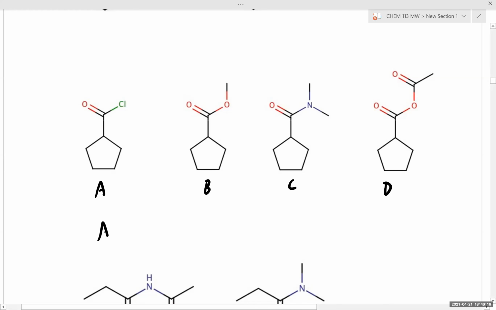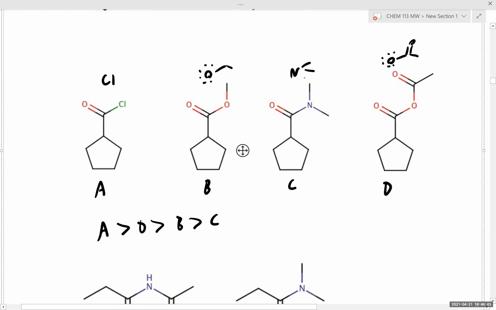So we have a proposed ranking of A, D, B, and C. So we have chloride, an alkoxide group, an amide, and an acetate group. And as we see, chloride's the best leaving group, followed by acetate, followed by ethoxide, followed by dimethylamide.